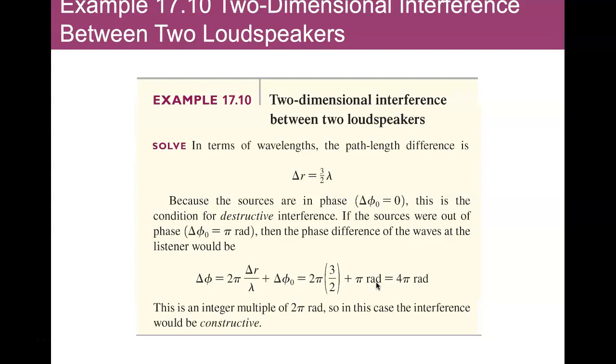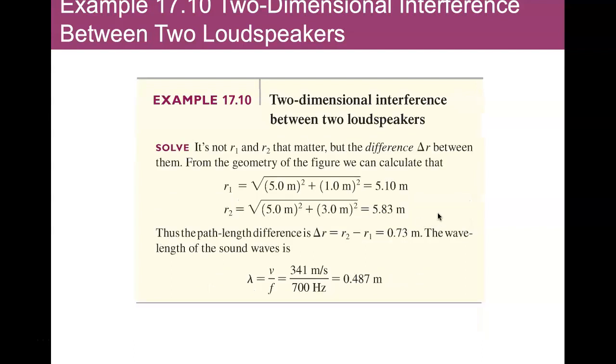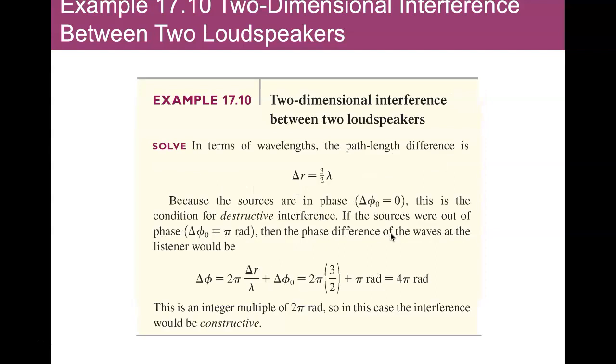And it turns out delta R is 3/2 lambda. So delta R is 0.73 meters. Lambda is that, so 1.5 times this. 1.5 times lambda is that delta R. So therefore the phase difference becomes basically pi, right?